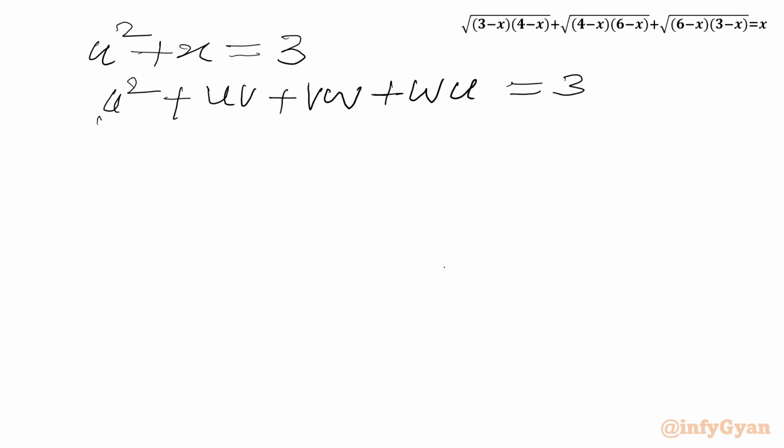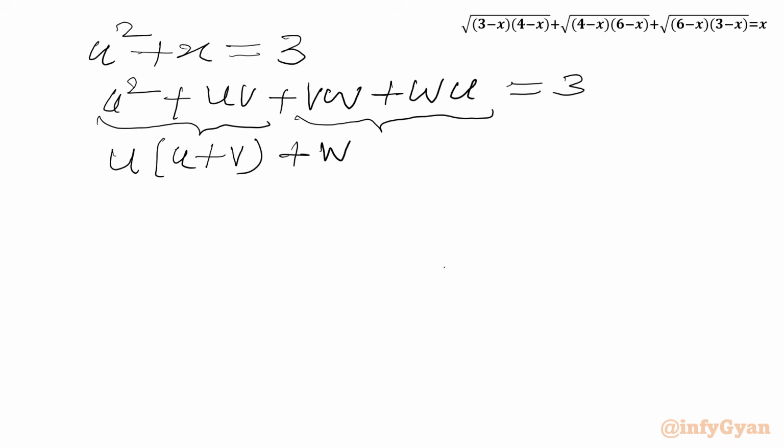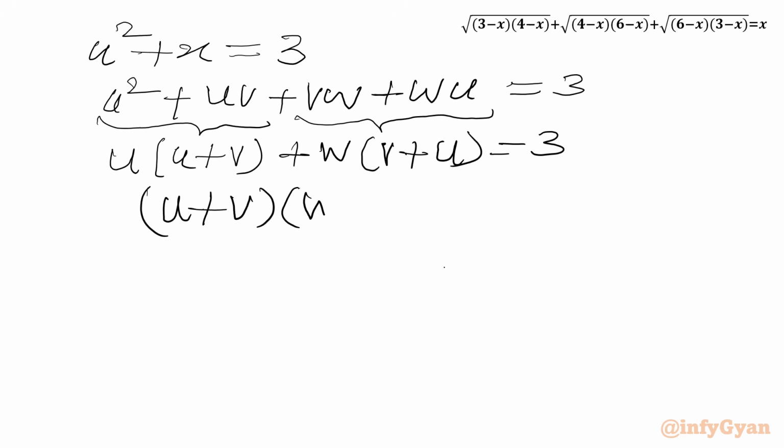From the first two terms we have u common, from the next two terms we have w common. So we write u in bracket u plus v, plus w in bracket v plus u, equal to 3. Now u plus v is overall common. So we will get u plus v times w plus u equal to 3. This is our equation number 1.